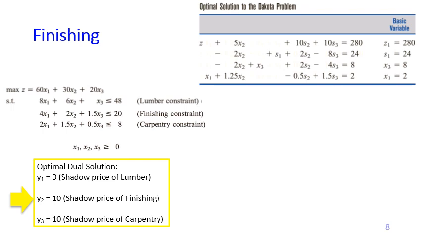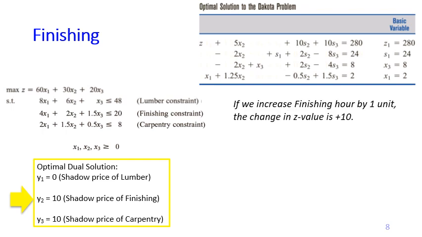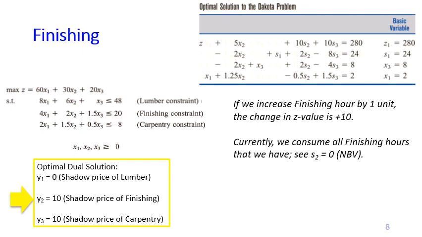For the second constraint, finishing, we see that the shadow price equals 10. It means that if we increase finishing hours by 1 unit, the change in Z value is plus 10. In other words, the Z value is increasing by 10 units. And this makes sense because currently we consume all finishing hours.